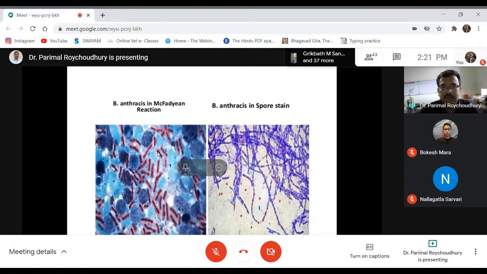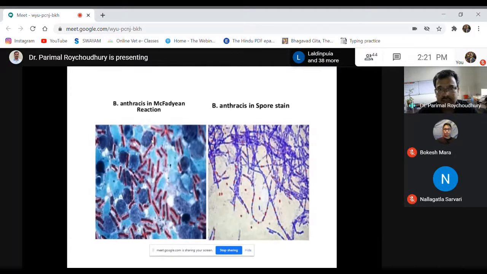To demonstrate these particular capsules, we perform a staining called the McFadyean reaction. We'll learn more in detail about the McFadyean reaction in subsequent classes. When you use polychrome methylene blue to stain the bacteria, the bacterial capsules take a pink color, so we can see it surrounding the bacteria.